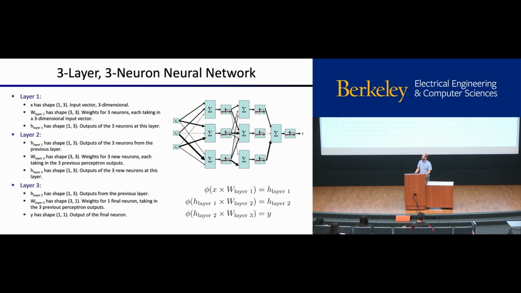Here are all the shapes. I think I'll just let you review this on your own time if you like. The shapes work out. For the weight matrix, the number of rows is going to be equal to the number of neurons on the left. The number of columns is going to be equal to the number of neurons on the right. I'm 90% sure I said that right. Well, it's 3, 3 in this case, so it doesn't matter.